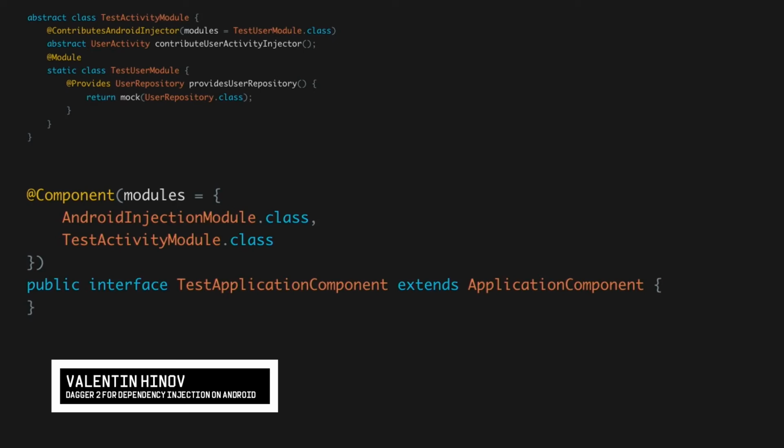Then we have to create our test application component, which can just extend our application component, but unfortunately when we use extension, it doesn't inherit all of the components that we annotated before, so you have to annotate it with all the same components. But the key in this case is that we replace the original activity module with the test activity module.